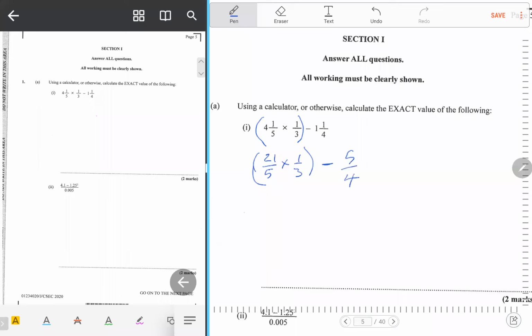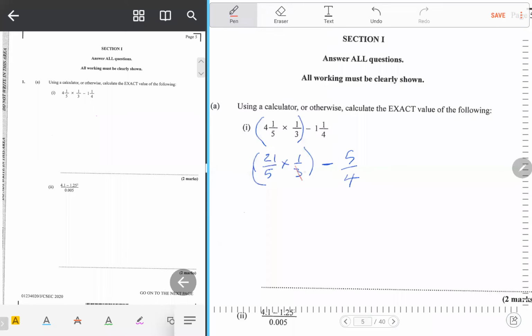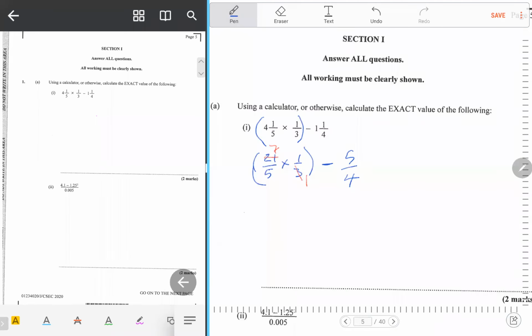Now we're simplifying inside here, and this 3 cancels out with this 21, giving us 7. Everybody see that? Then we can work out this multiplication. 7 times 1 is 7, over 5 times 1 is 5. And now we have the final result to subtract the 5 over 4.